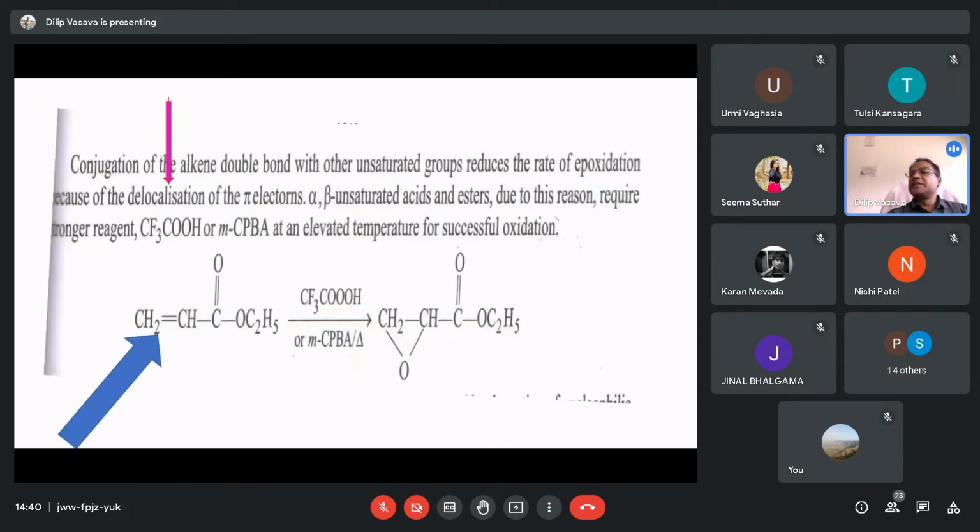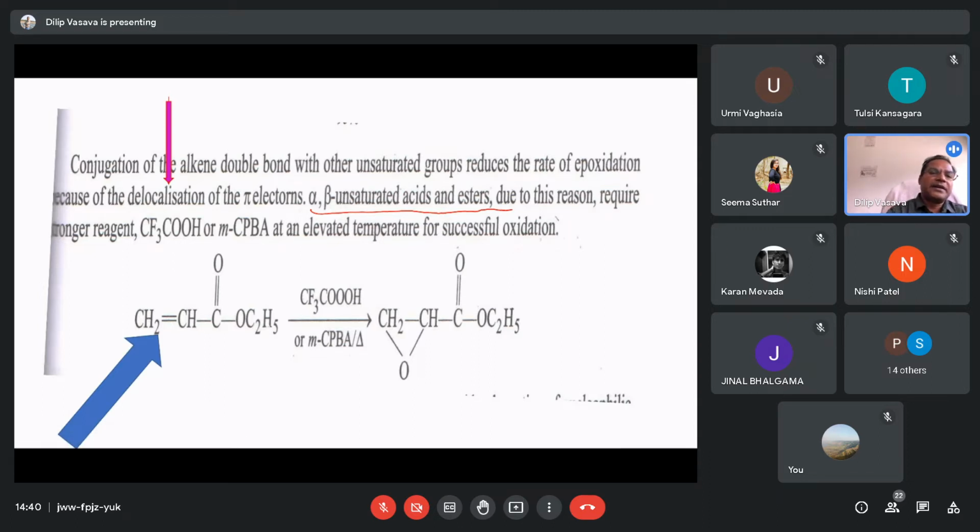Now conjugation is there. When conjugation is present in the structure, the conjugation of the alkene double bond with another unsaturated group reduces the rate of epoxidation, because of the delocalization of the pi electrons. That is possible in alpha beta unsaturated acids, esters and their derivatives, and that is why a stronger reagent is required.